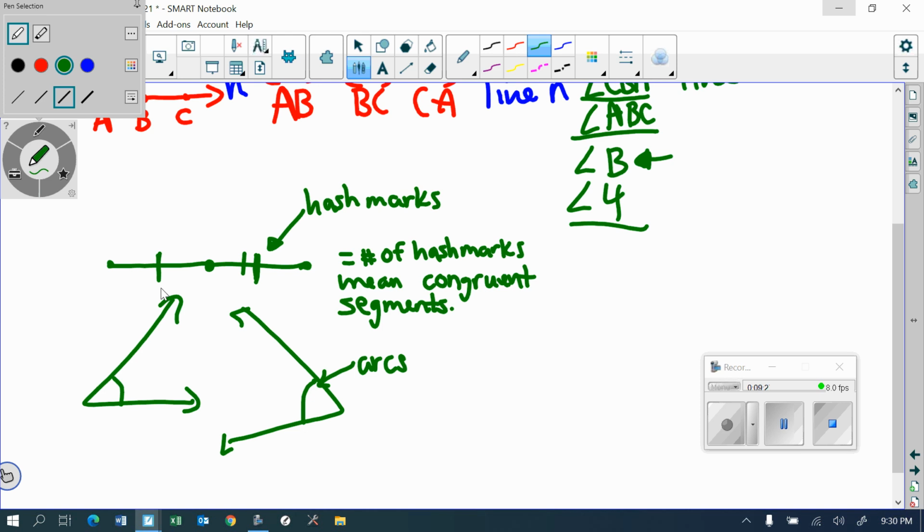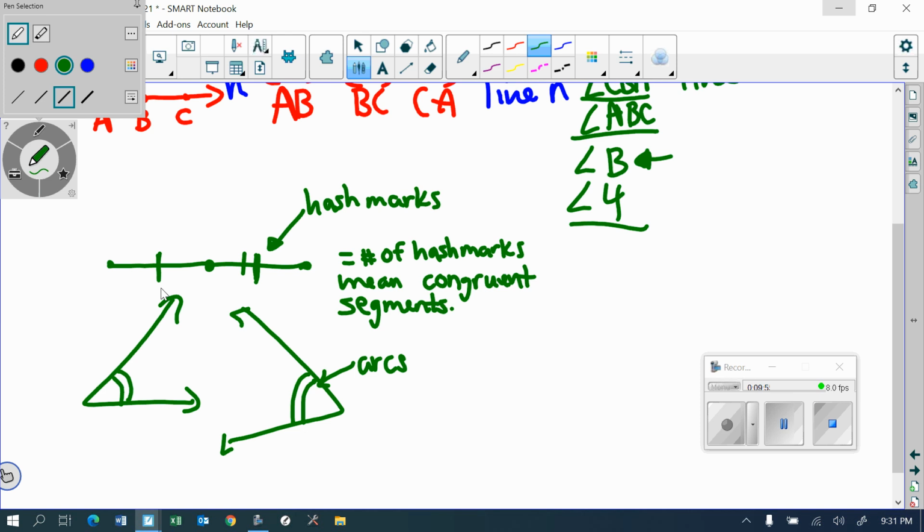Same number of arcs mean the angles are congruent. So if it's segments, you use hash marks. If it's angle measures, you use arcs. So if I put 2 on there, there's 2 of them, there's only 1 over here, that means those 2 angles are not congruent. Now I put the second one on there, now they're back to being congruent. We start at 1, 2, and work our way up usually.